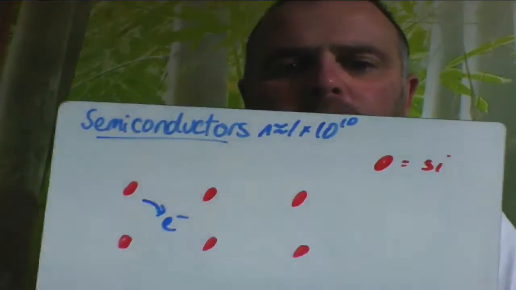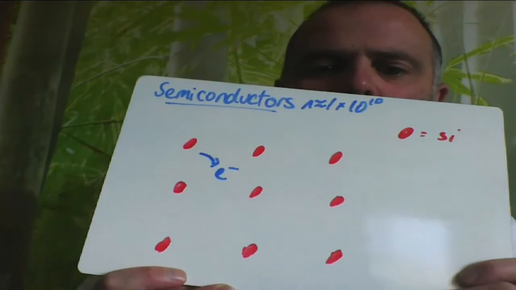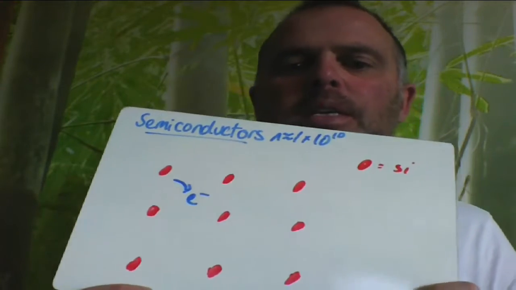We only get the occasional one or two popping free. Okay, so there's one of them. There's a free charge carrier that's popped free from the silicon lattice. There's not many of them, so there being fewer free charge carriers means that it's harder for current to flow.